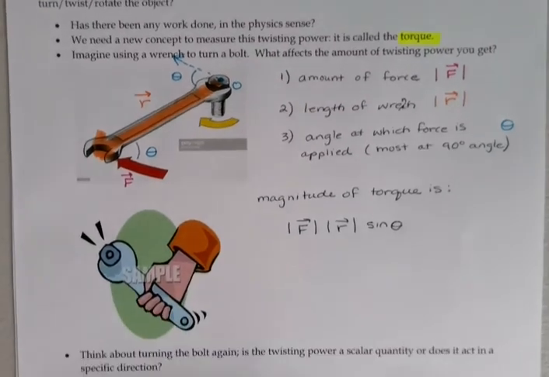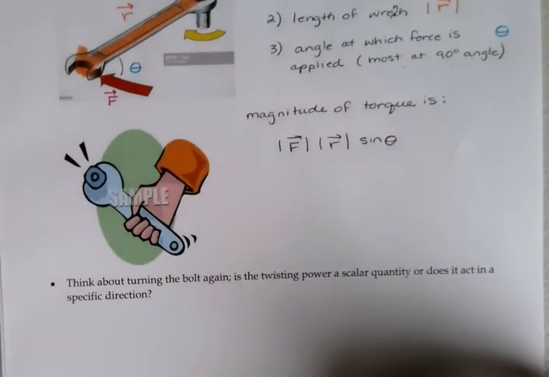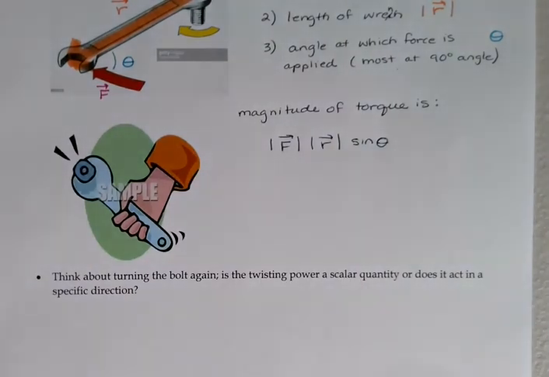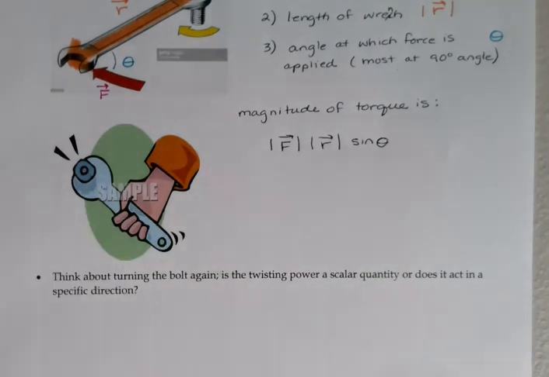Now, is torque truly a scalar? Right now, this is a scalar quantity, right? Two magnitudes times a sine function, definitely scalars. But does this twisting power actually result in a true scalar quantity, or does it act in a specific direction? You all know that when you turn a bolt, it does move. It just doesn't move in the direction of the force.